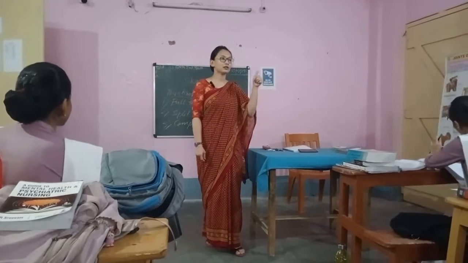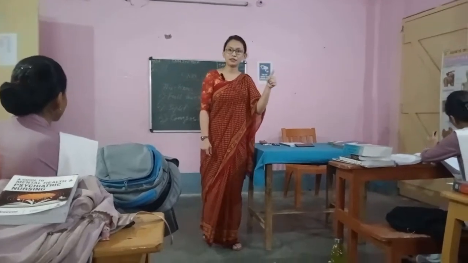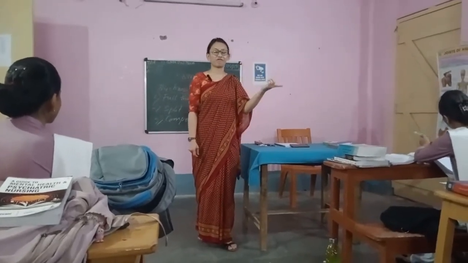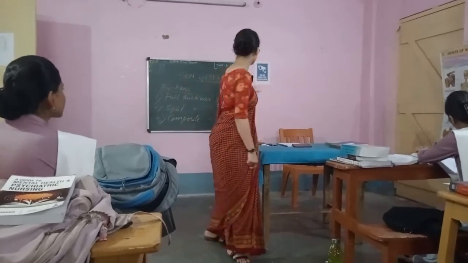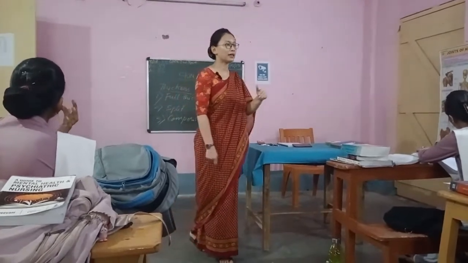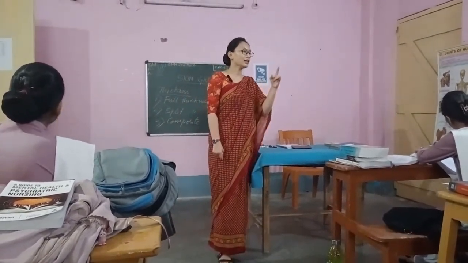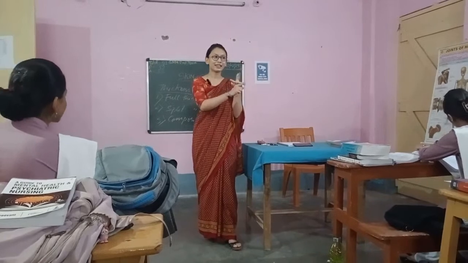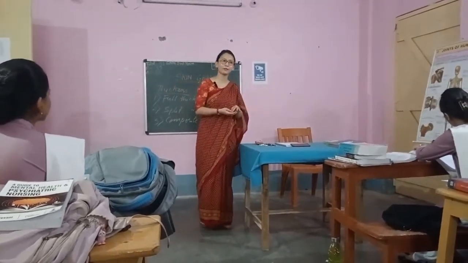Full thickness: epidermis, dermis. Split thickness: epidermis and some part of dermis. Composite: skin, fat, cartilage, dermis. Right?